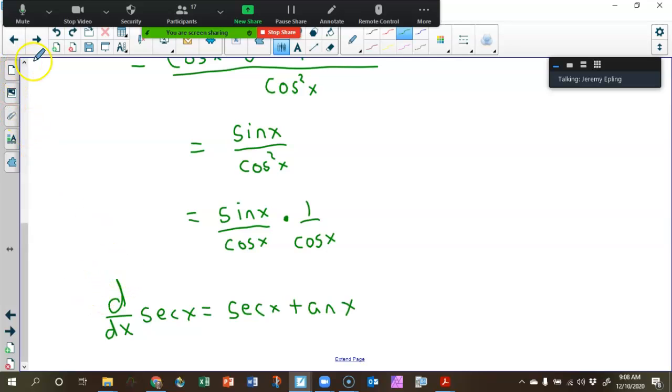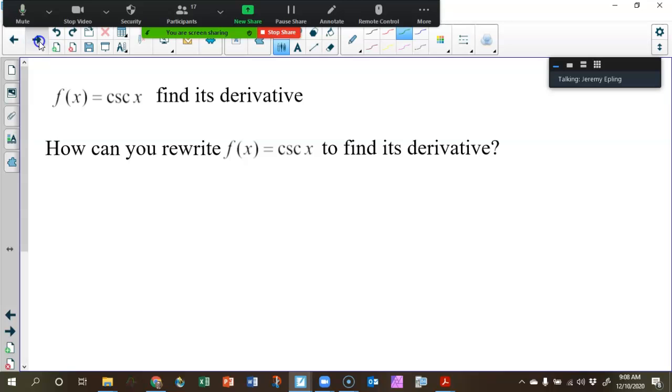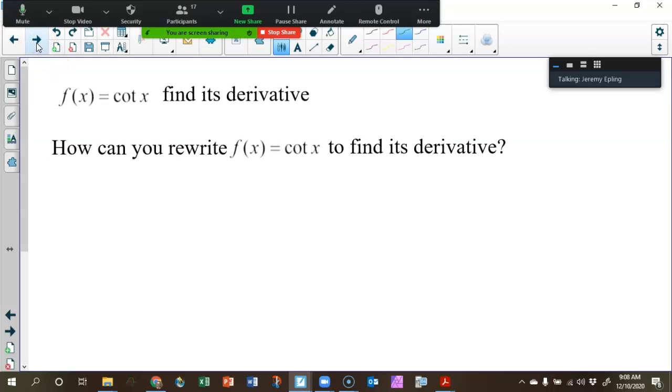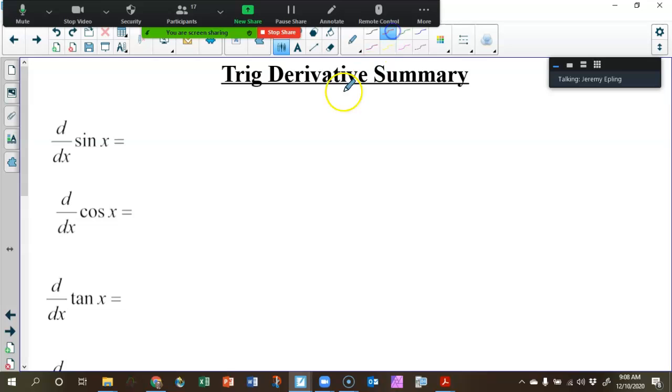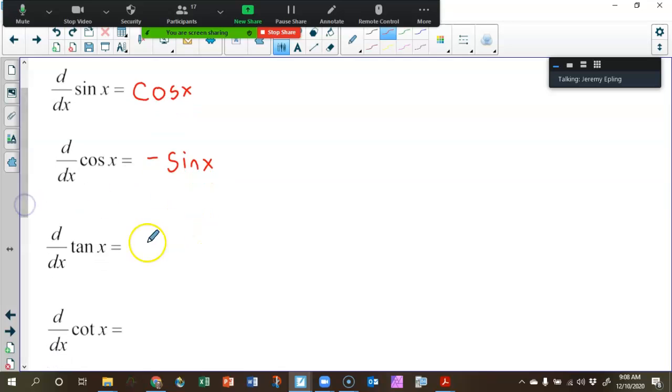We know their derivatives. Now tonight, you're going to work on the other half, cosecant, tangent, and cotangent, but I'm going to tell you what the derivatives should be, so you'll know if you get them right. The derivative of sine we already saw, that's cosine. The derivative of cosine we already saw, that's negative sine. Now you're going to work on proving the derivative of tangent, but I'm going to tell you the derivative of tangent is secant squared x.